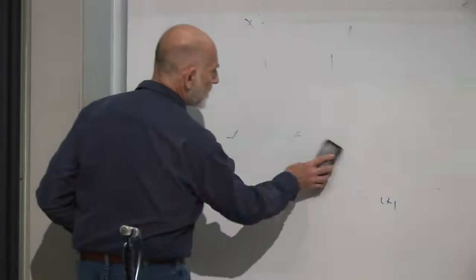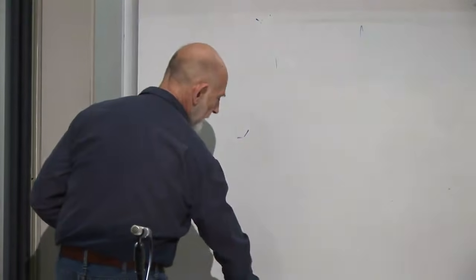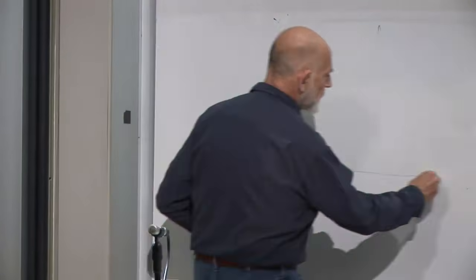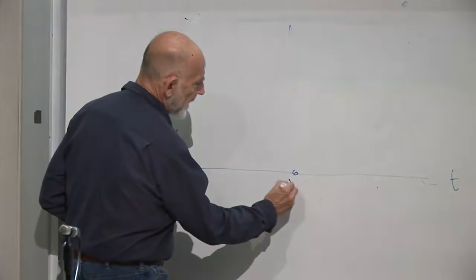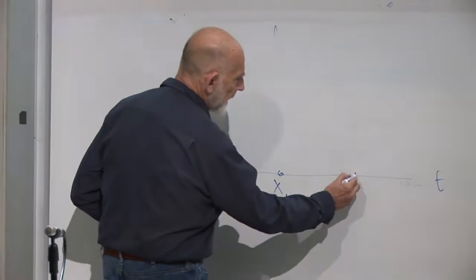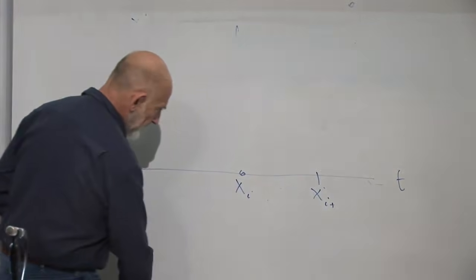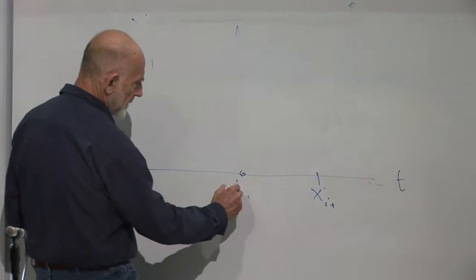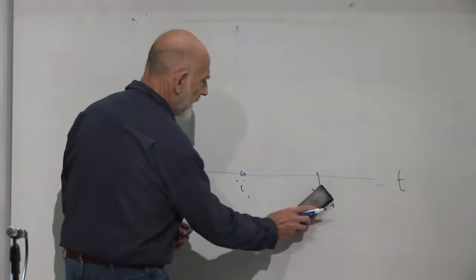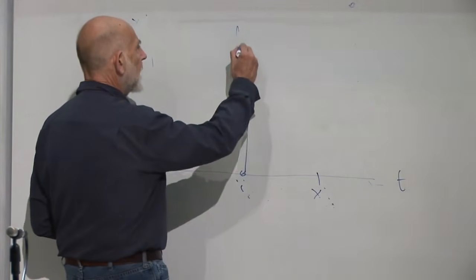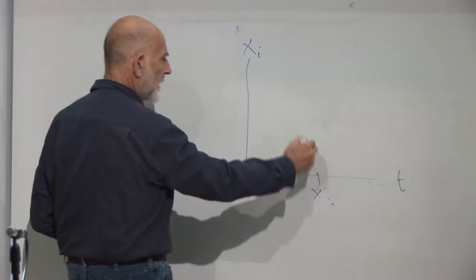So let's blow up the region of interest. Here's xi over here. Here's xi plus 1 over here. No, sorry, here's xi.